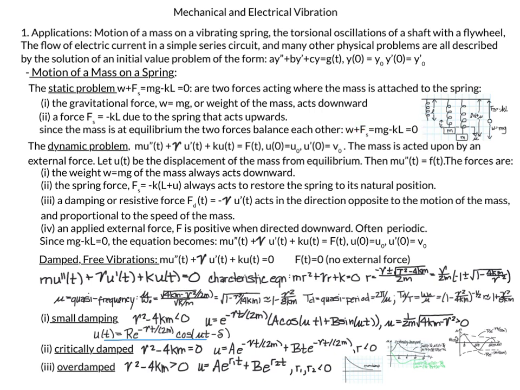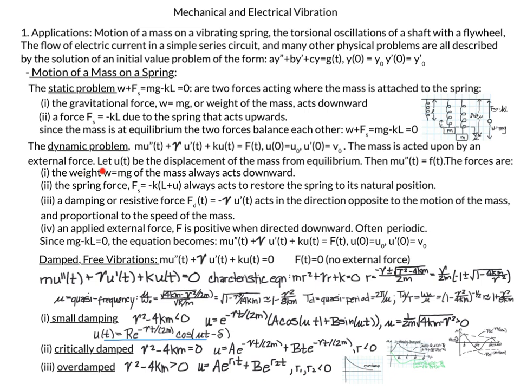The more complicated problem is the dynamic problem, where the mass can be acted on by an external force. And so we will let u of t be the displacement of the mass from equilibrium at time t. Then from Newton's second law, we have mass times acceleration is equal to the sum of the forces. Now we're going to have additional forces acting.